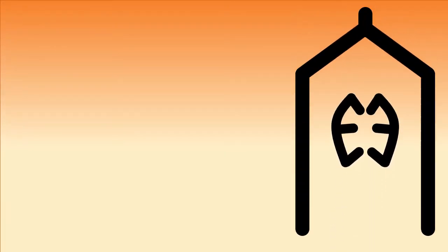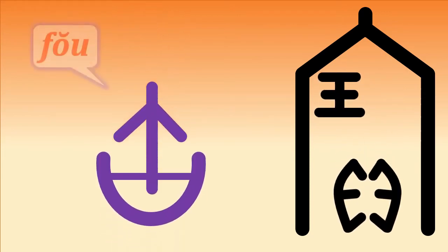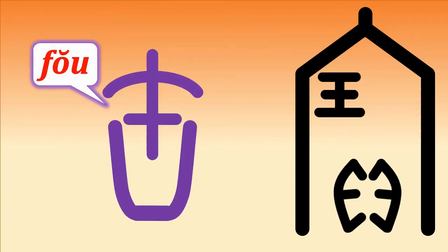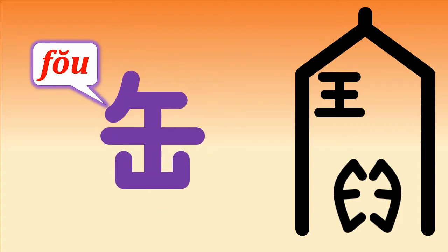The fourth character in today's lesson looks quite complicated. It's composed of 3 treasured items under one roof: jade, cowrie shells, and pottery, all of which were highly valued in ancient society.